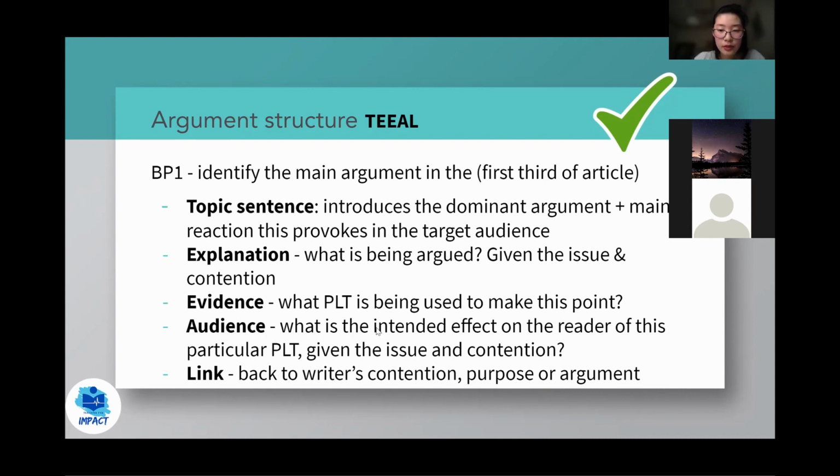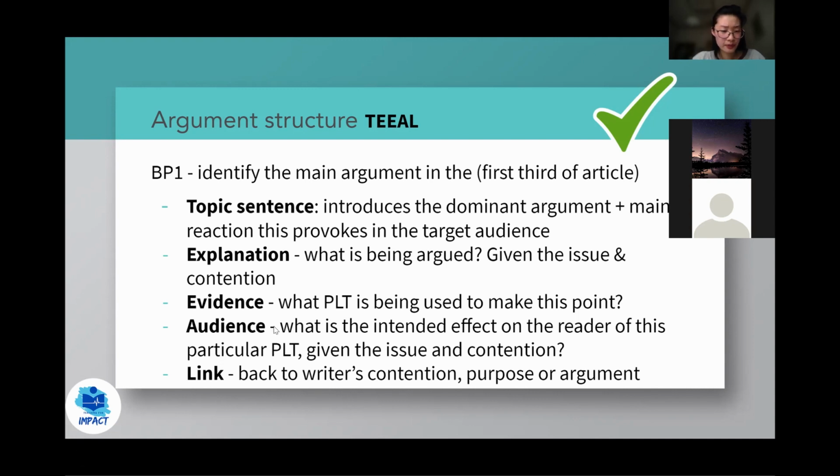What is the intended effect on the reader of this particular persuasive technique, given the issue and contention? So this is the key part. This is where your analysis is at. Essentially, we want to talk about the relationship between the author and the audience. How is the author deliberately trying to make us think or feel?